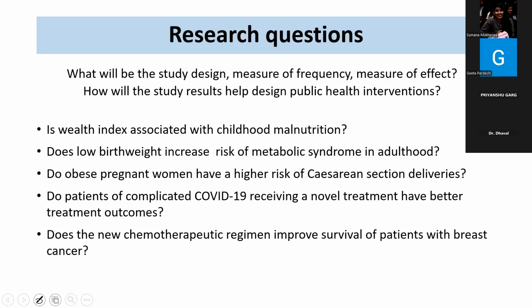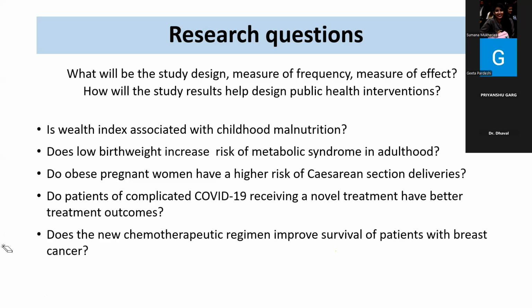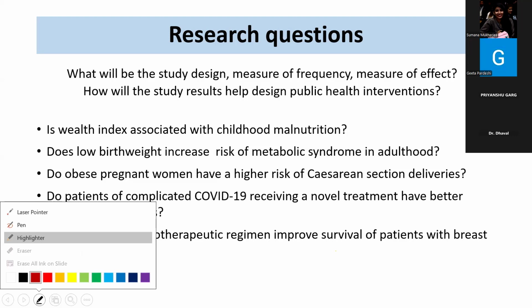So you said cohort study. What is your exposure of interest? Exposure is low birth weight. Right. What is the outcome? Outcome is metabolic syndrome. Correct. So you want to do a cohort study, which means it is a follow-up study, right?